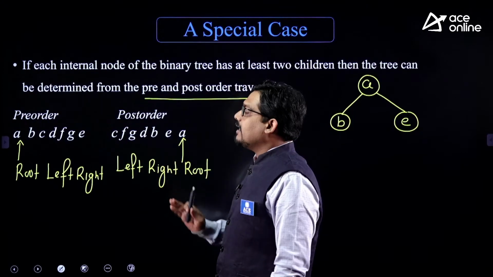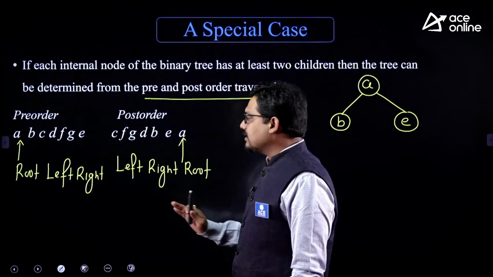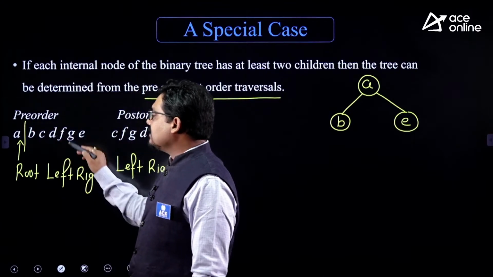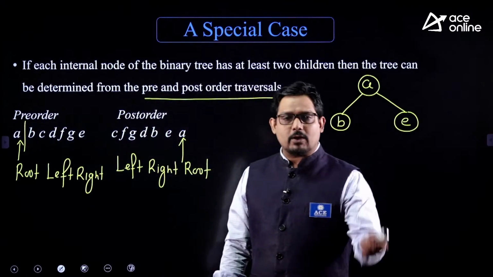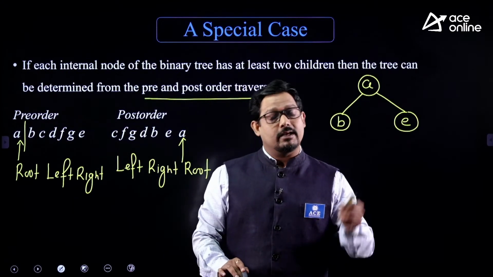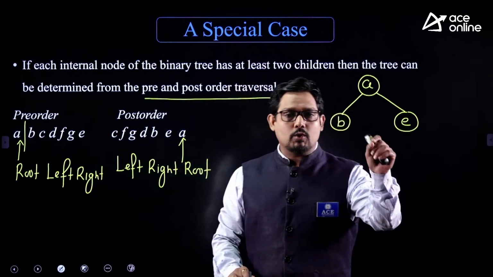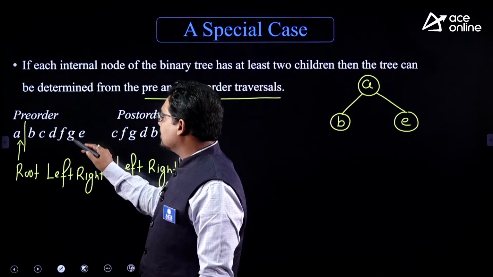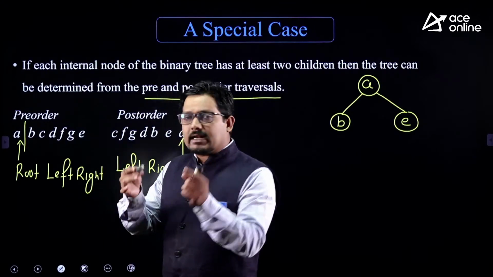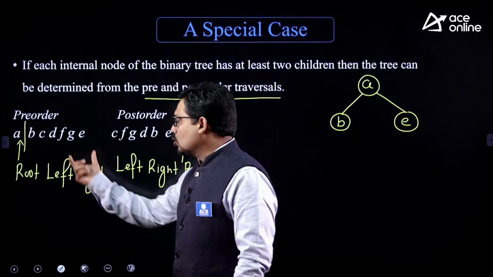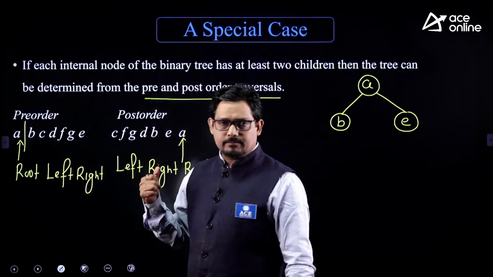A is now sorted, and B is the root of the left subtree because the left subtree will again be visited in the same order: root, left and right. The right subtree will also follow the same sequence, root, then left and right.